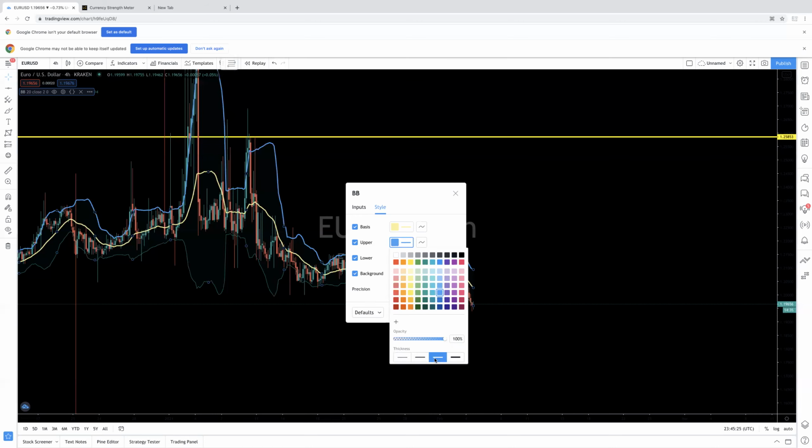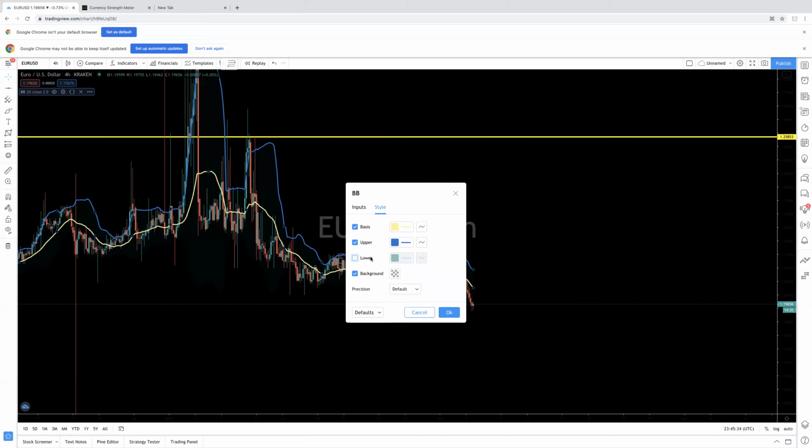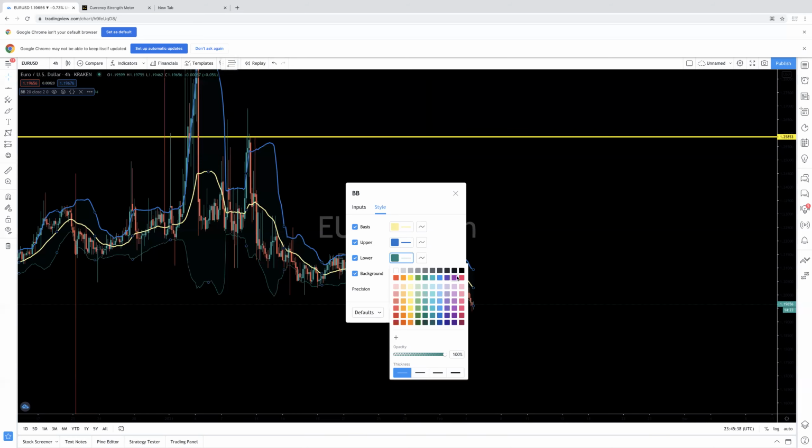Make it a darker blue so you can see that better. Oh, that's too dark. That's good. And then the lower band, I like that to be red for our sells, and make that a little darker as well so you can get a better picture.